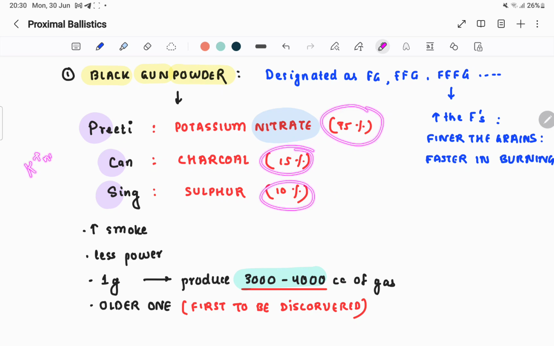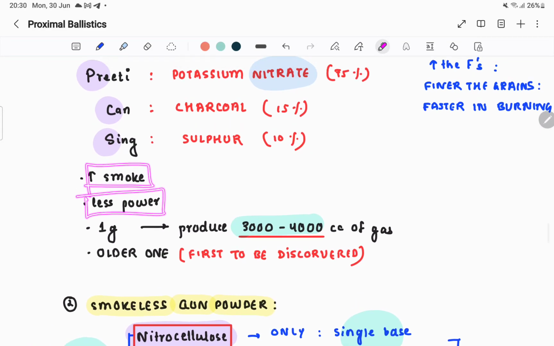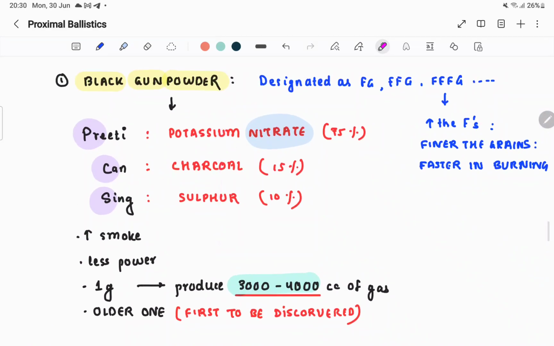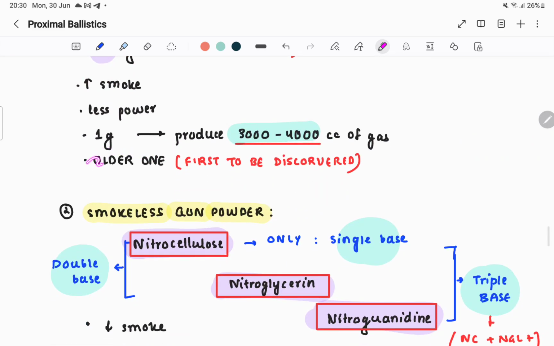It is more smoky and has less power. This was the oldest one, the first one to be developed. 1 gram of it produces 3000 to 4000 cc of gas.